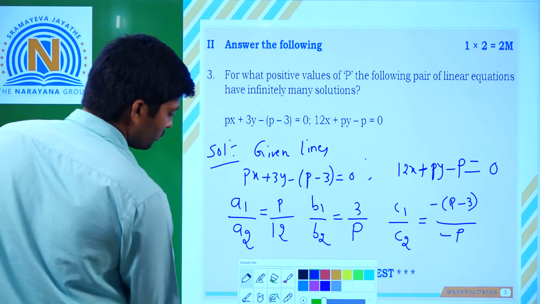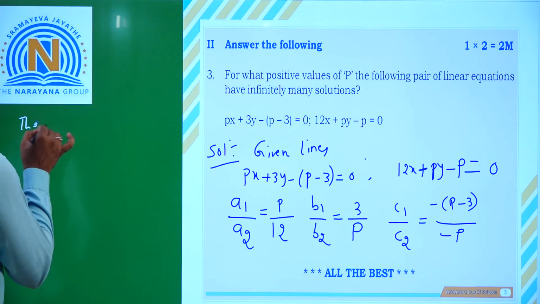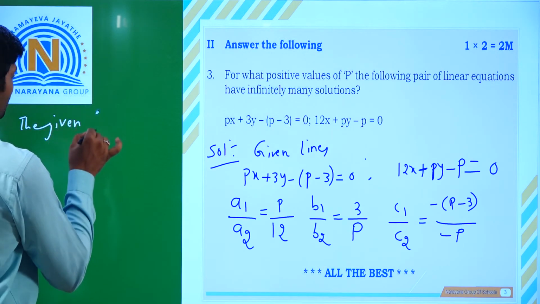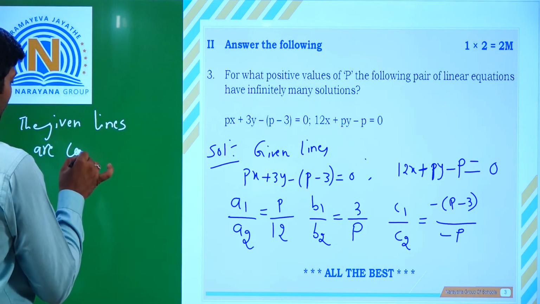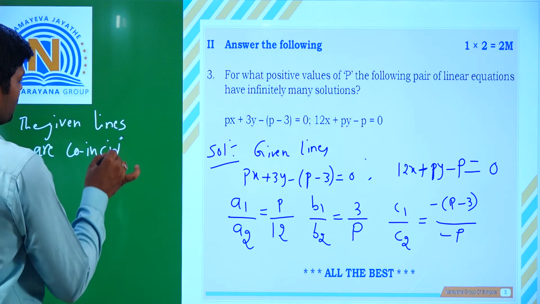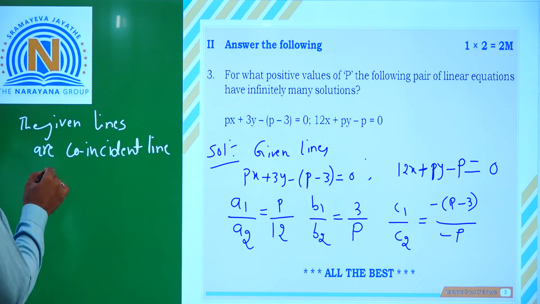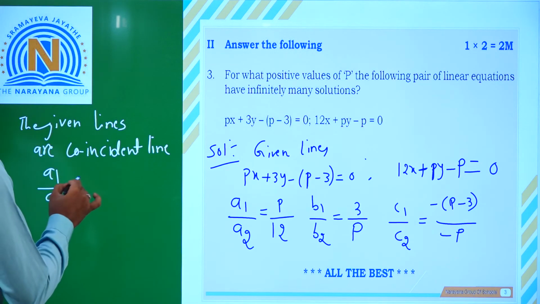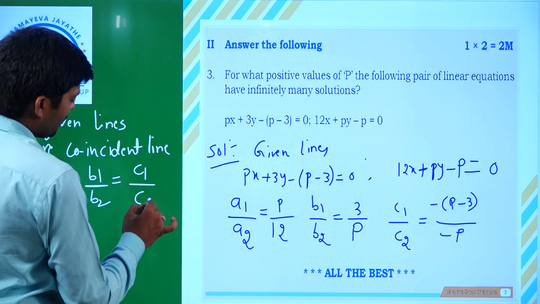Just write here, simplify. So the given lines are coincident lines, so equate all ratios. A1 by A2 is equal to B1 by B2 is equal to C1 by C2.